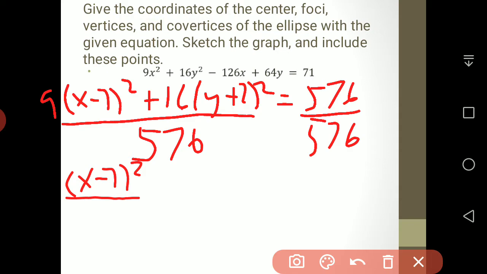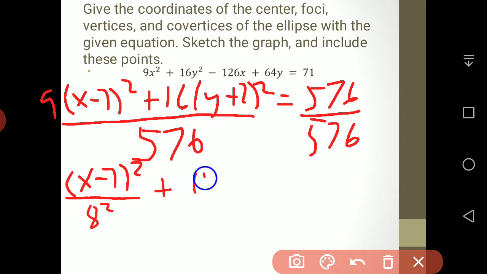576 divided by 9, that is 64. Okay, 64 is 8 squared. So instead of 64, we write 8 squared. Plus 576 divided by 16.